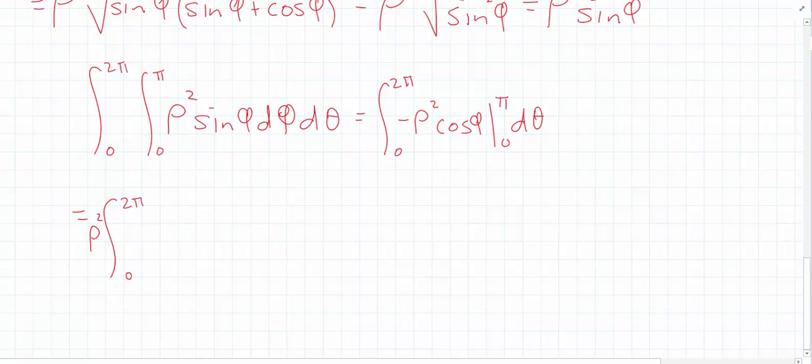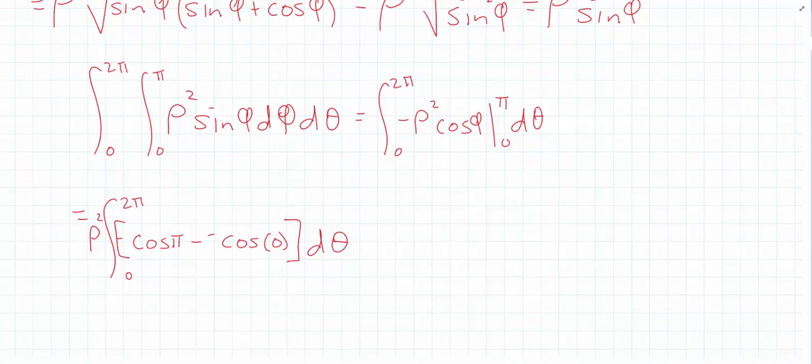Now, if I put in the pi into cosine, here's what I've got: cosine of pi minus cosine of 0. And I have to remember I have the negative in front of the cosine. Probably should have factored out the negative from the beginning, but that's okay. So now we have rho squared, and now we have 0 to 2 pi. Cosine of pi is negative 1, with the negative in front, that's just 1. Cosine of 0 is 1. So this is 1 plus 1 d theta.